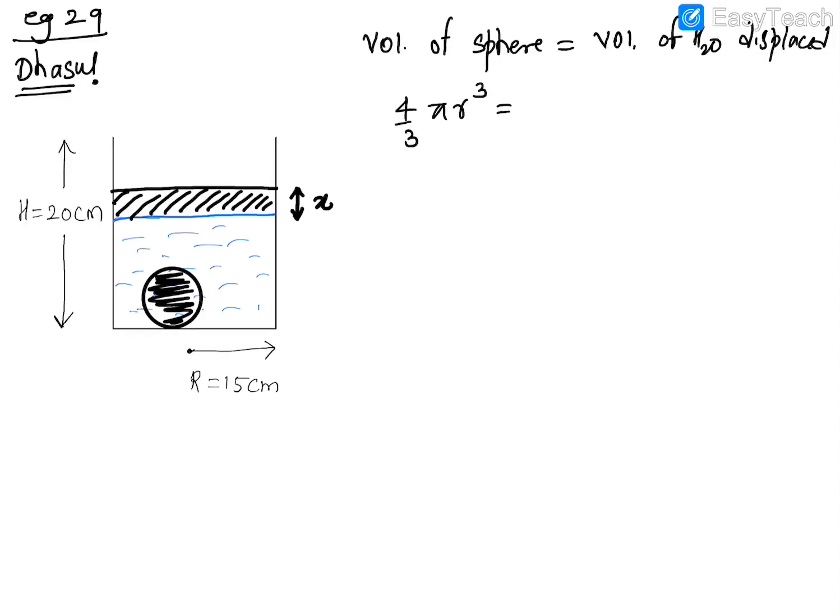What's the volume of the water displaced? It will be equal to pi r squared h. Correct? Now what is the radius of the sphere given to us? 10 centimeter. So small r is equal to 10 centimeter.